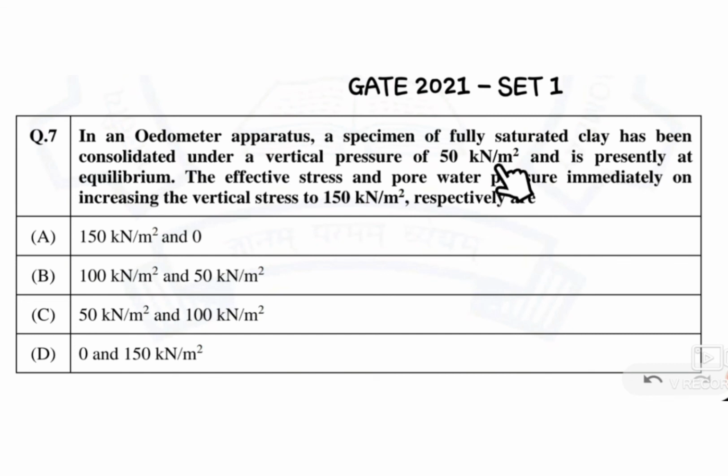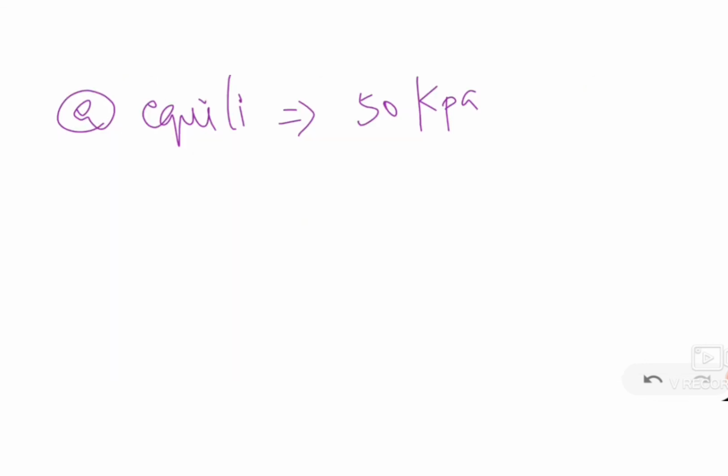So this 50 kN per meter square is nothing but the effective stress, right? Then the effective stress and pore water pressure immediately on increasing the vertical stress to 150 kN per meter square. From this 50, they are increasing to 150 kN per meter square, that means an additional 100 pressure. At equilibrium it is totally transferred to the soil, so it is nothing but the effective stress.